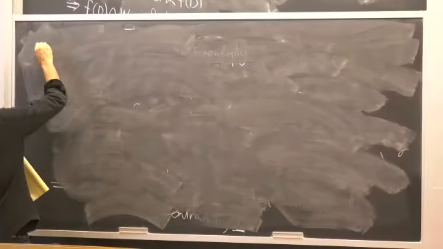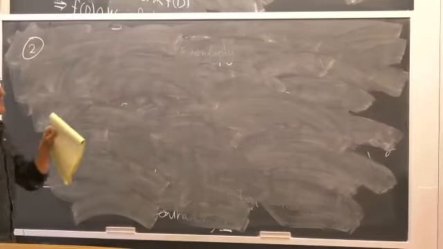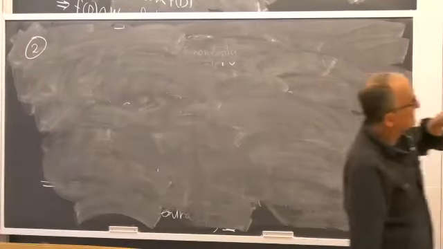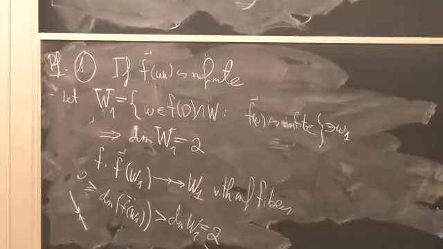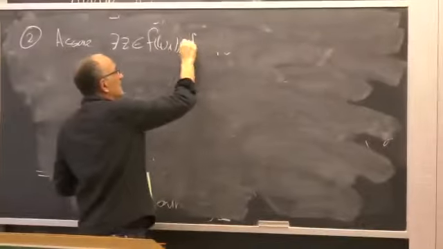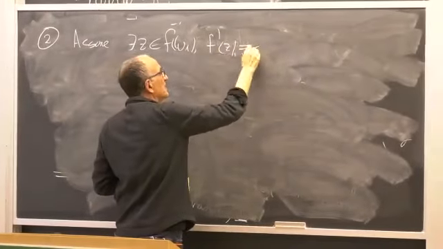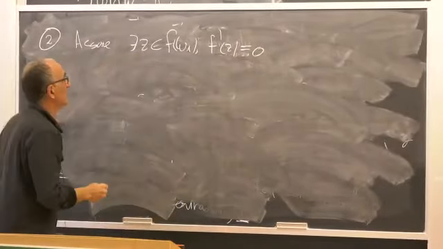And so let's look at 2. We want to show that every pre-image has a non-zero derivative at this generic point. So assume that there is Z in F inverse of W1 with F prime of Z equal to 0.